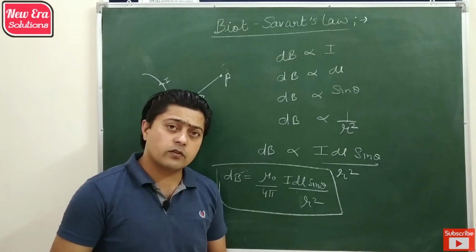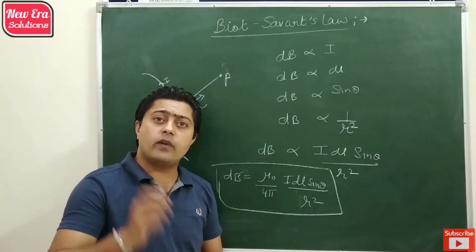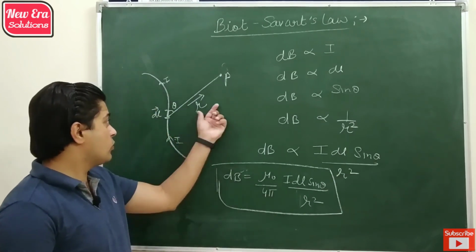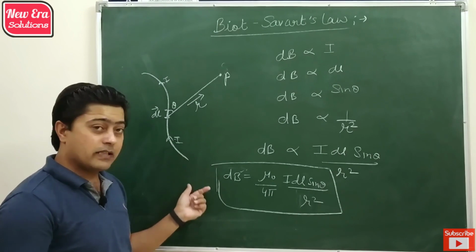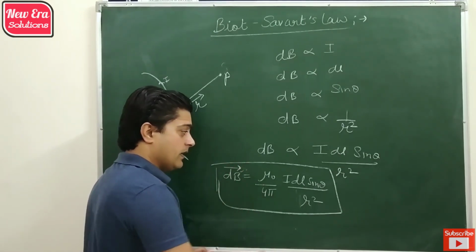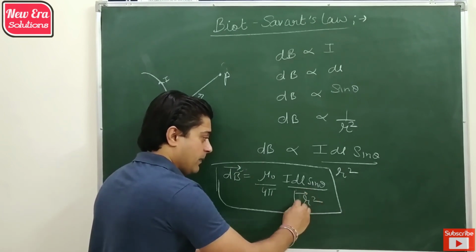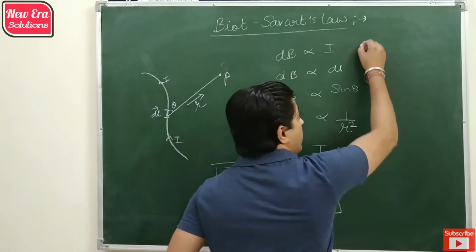To find the direction of magnetic field, we can use this formula in its vector form. There are only two vector quantities, that is dl and r, because current is a scalar quantity. So if we want to find the direction of magnetic field, then we multiply this equation by r in numerator and denominator.